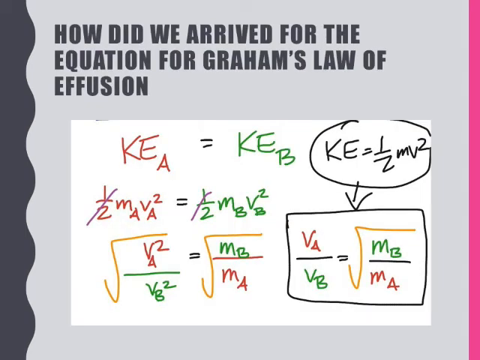So how did we arrive at the equation for Graham's law of diffusion? We use kinetic energy A and kinetic energy B. You just need to do a lot of transposing and we'll arrive at this answer.